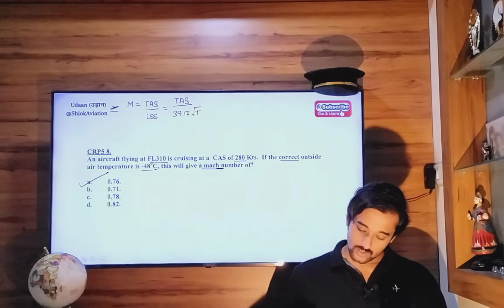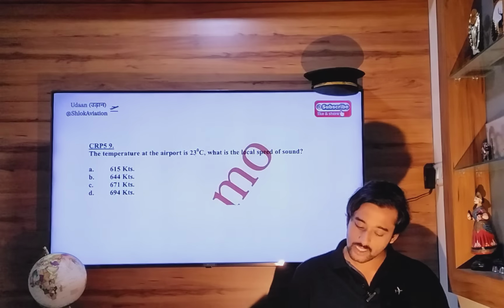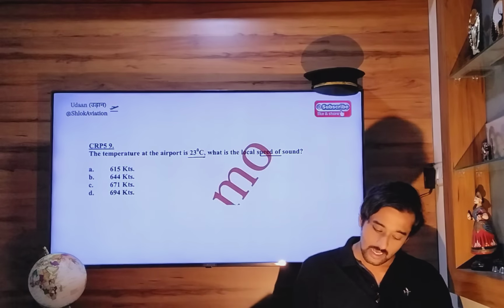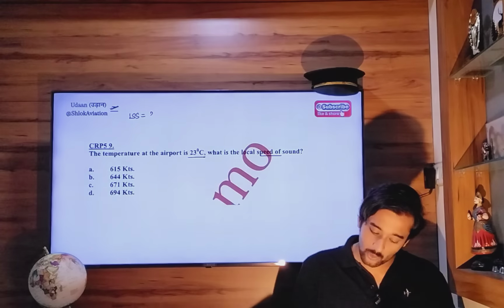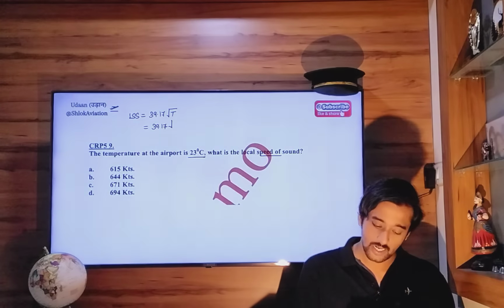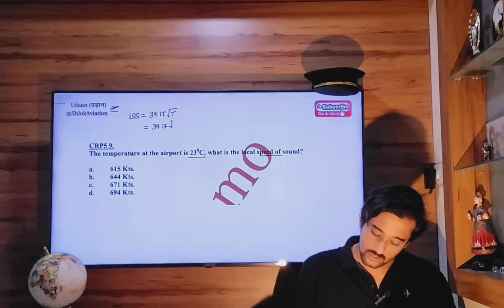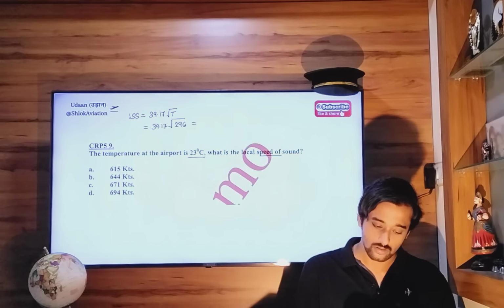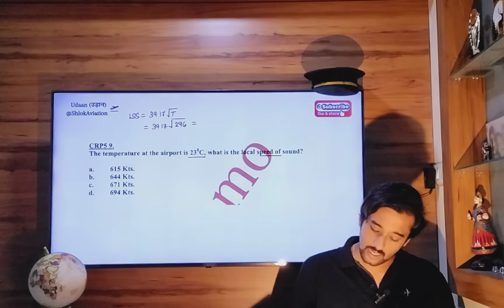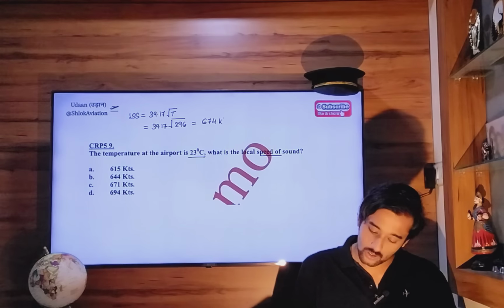Okay, next. Question number 9. The temperature at the airport is 23. What is the local speed of sound? Again, local speed of sound equals 39.17 square root of outside air temperature in Kelvin. So 39.17 times the square root of 23 plus 273, which is 296. That gives 673.9 or 674 knots.